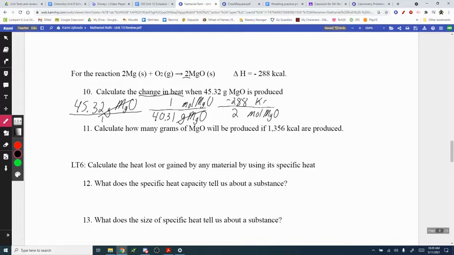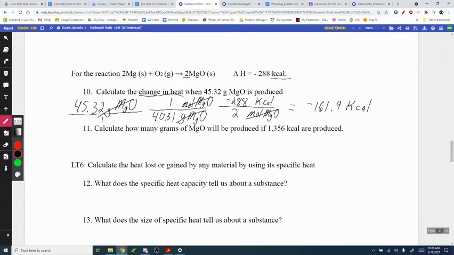So, kilocal. There we go. 288 kilocal. Sorry about that. All right. So, moles of MgO cancel out. We're left with kilocalories, which is where we want to be. So now we do our math. We get negative 161.9 kcal.